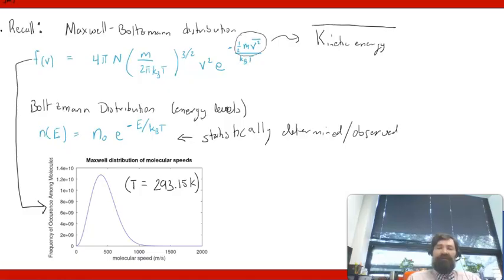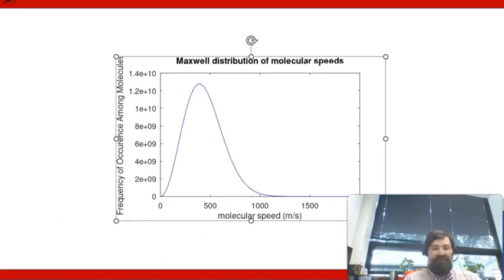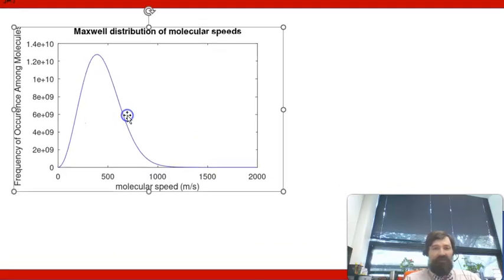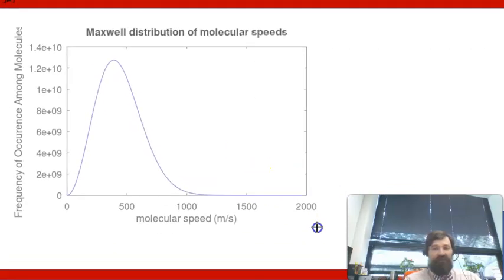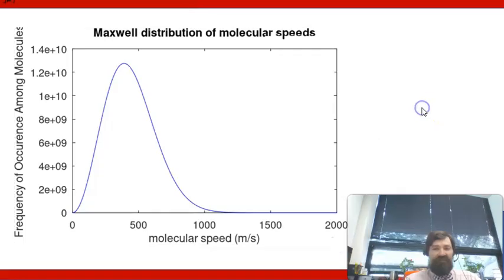I'm not going to plot the Boltzmann distribution in this video. It's interesting, but not the important point here, because what we really want to focus on is some speeds that come out of this Maxwell distribution. So I'm going to paste this distribution a little bit larger, so that I can highlight some points in it.